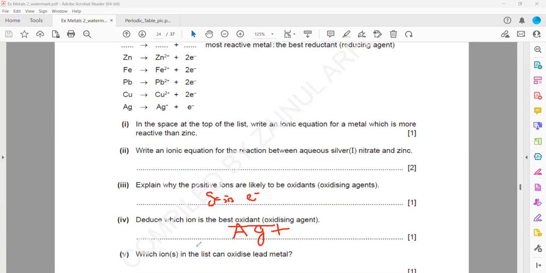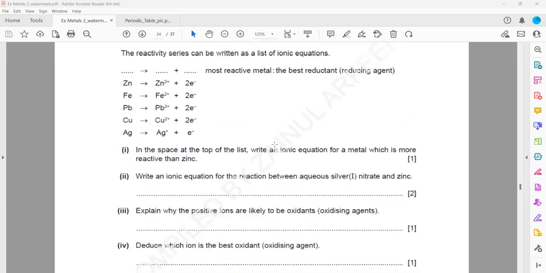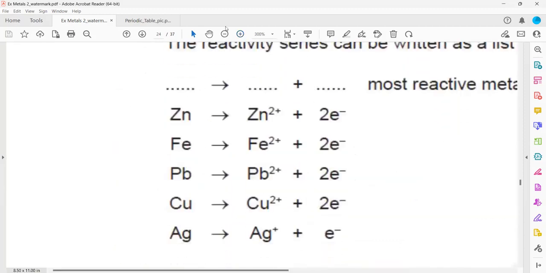Write an ionic equation. Which ion in the list can oxidize a lead metal? Whenever you have a reactivity, remember one thing. If the metal is more reactive, which reaction is feasible?